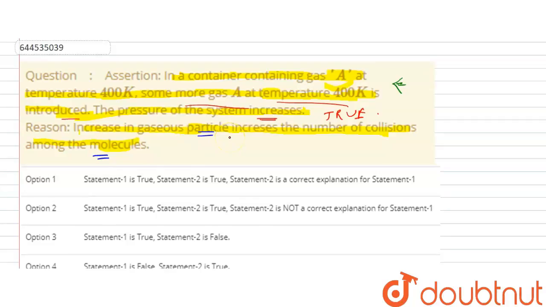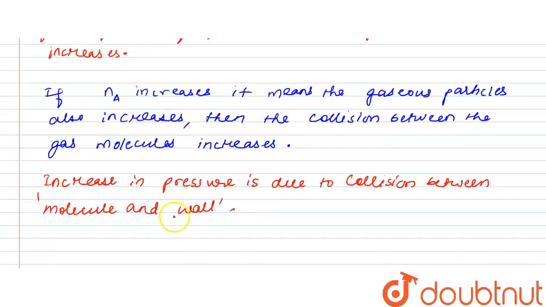The statement is correct that the number of collisions among molecules increases, but this statement does not explain the above statement that the pressure of the system increases. The pressure of the system increases because of collisions between molecules and the wall. This is the reason for statement 1, right?